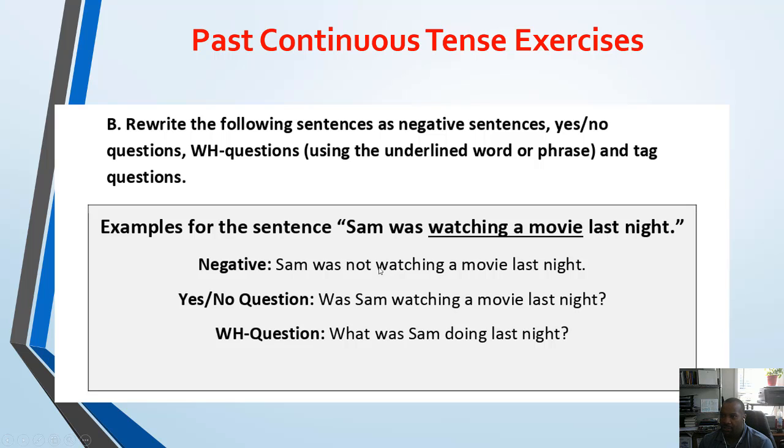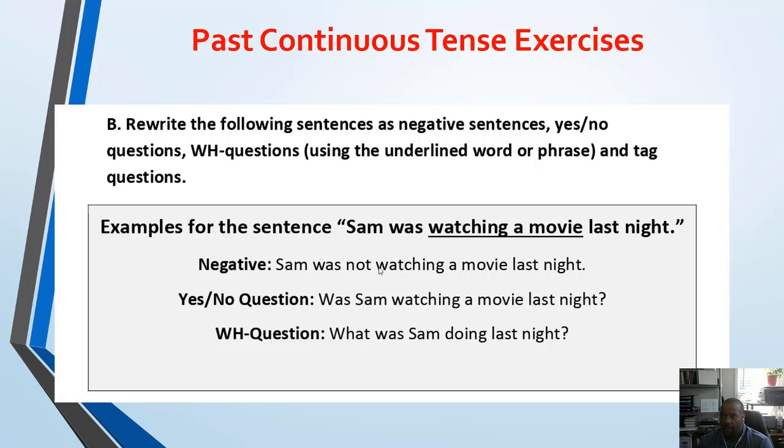Rewrite the following sentences as negative sentences, yes or no questions, WH questions using the underlined word or phrase, and tag questions. Now here again, we're not going to use tag questions, but we will rewrite these sentences using negative sentences, yes or no questions, and WH questions.